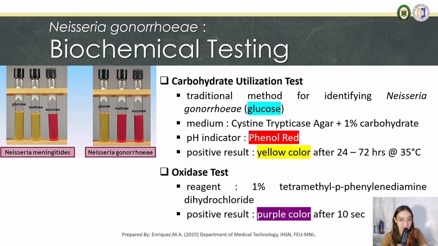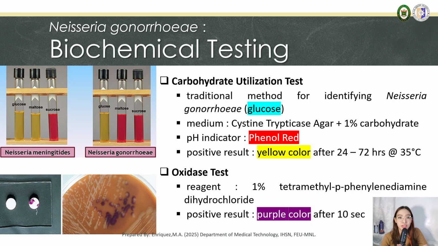The oxidase test can be done on all suspected isolates of Neisseria gonorrhoeae. Using the filter paper method as shown here, the oxidase reagent, which is 1% dimethyl paraphenylene diamine dihydrochloride, or tetramethyl paraphenylene diamine dihydrochloride, is placed on the filter paper, and a colony from the plate is rubbed onto the reagent with an applicator stick.